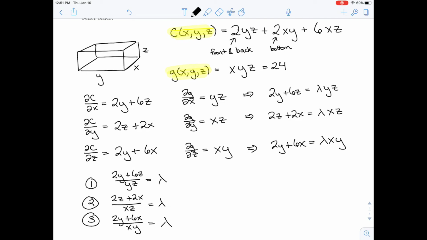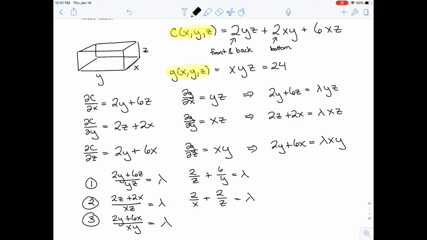We may want to rewrite these to make them a little bit easier to deal with. So 2y over yz is going to be 2 over z plus 6z over yz is going to be 6 over y. That'll equal lambda. If we divide both terms by xz, we'll get 2 over x plus 2 over z is equal to lambda.